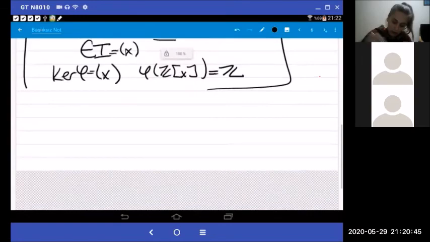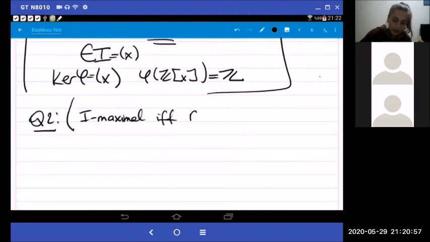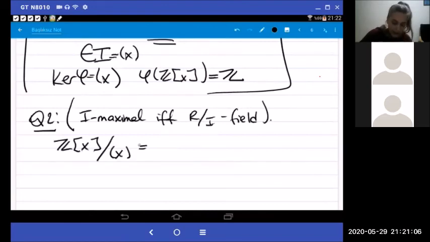Question 2. This is again an application of the theorem. Let me note it down. I is maximal if and only if R over I is a field. Now, what we know is that this quotient is isomorphic to Z, and Z is an integral domain, not a field.